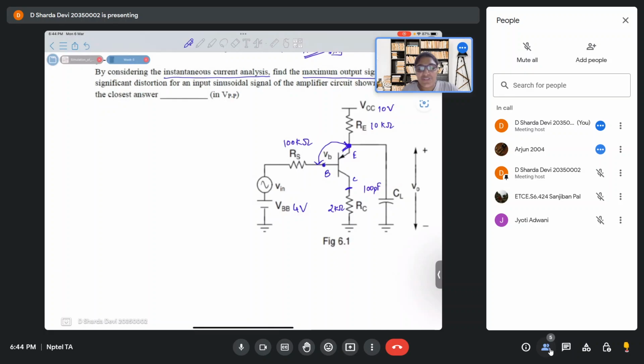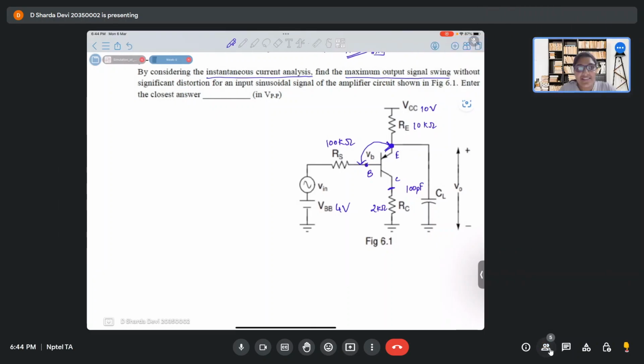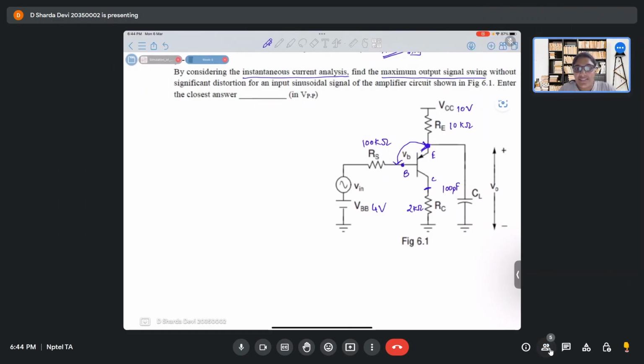No? Jyoti, what about you? Sanjiban? Yes, ma'am. What is it that might be different from DC current analysis to instantaneous current analysis?